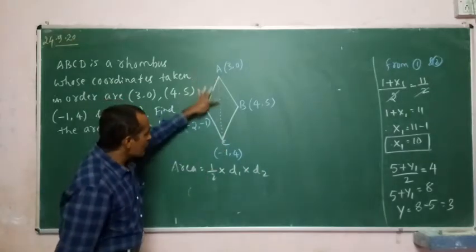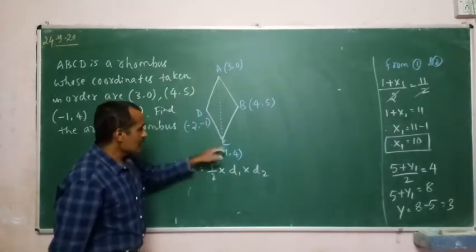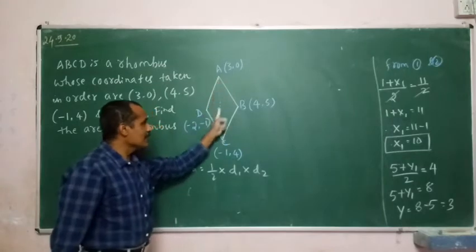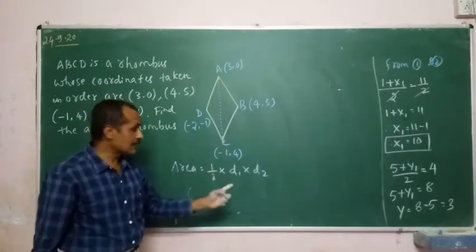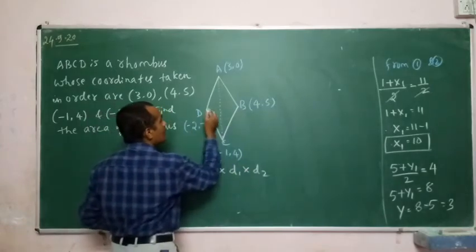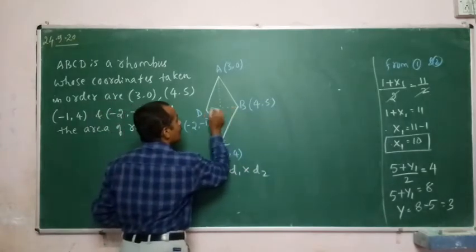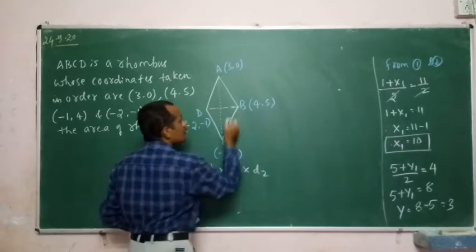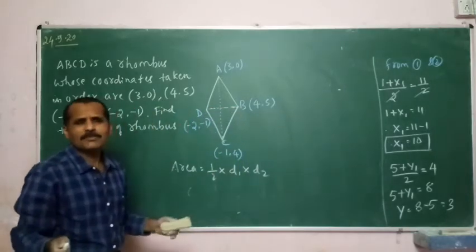You find the length of AC, coordinates are given. That is your d1. Then you take these two coordinates and find the length of the second diagonal. That is d2. Very simple.